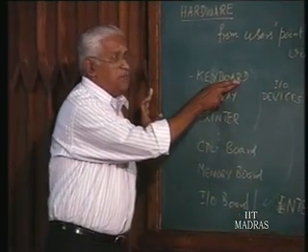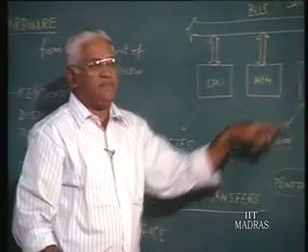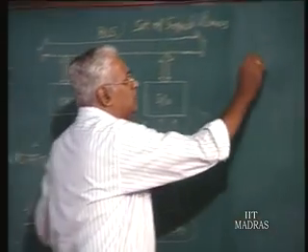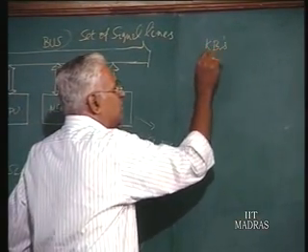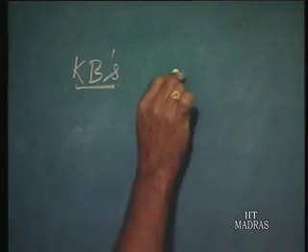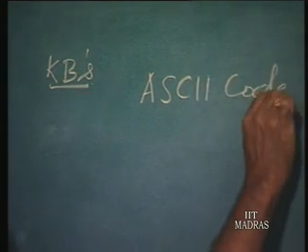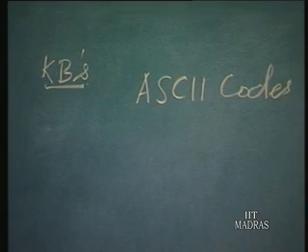Depending upon the type of keyboard, the appropriate interface is required. Now, talking about keyboards, we can talk about, let us say, just the keyboards alone. We may talk about some keyboard which generates a code, I will call them ASCII codes. Now, what does it mean?